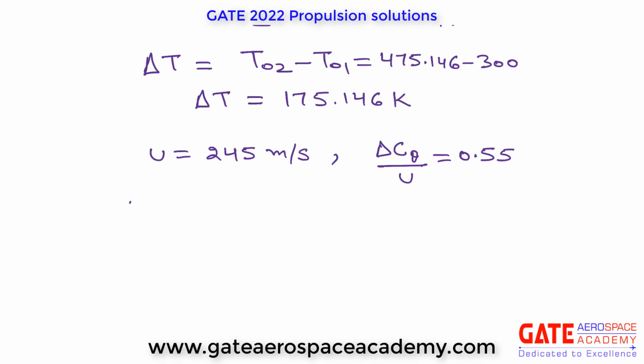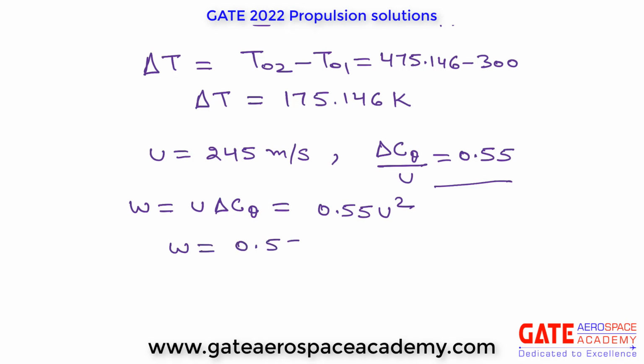Right? We know that specific work done for one stage is equal to U into delta C theta. So in place of delta C theta, we can write 0.55 U. So it will be 0.55 U square. Correct? So specific work done will be 0.55 into 245 square, that is equal to 33013.75 joule per kilogram.